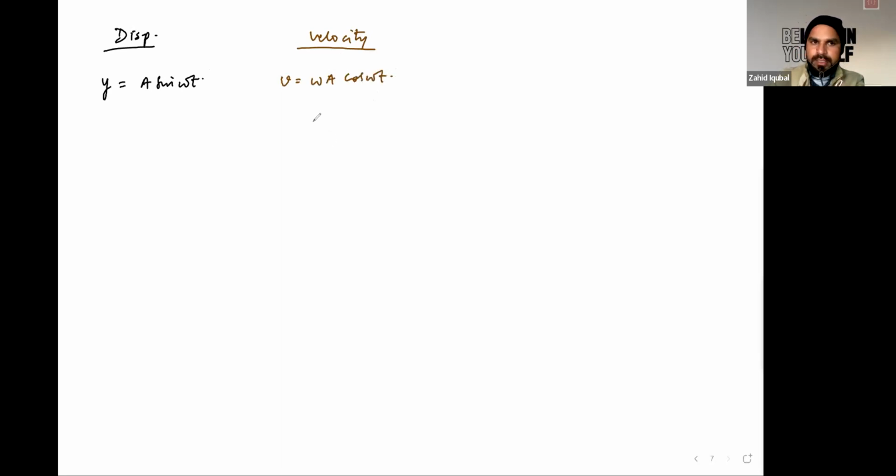You may write this particular expression as omega times A root under 1 minus sine square omega t. I'm using here sine square theta plus cos square theta is equals to 1. So cos square theta will be equals to 1 minus sine square theta.